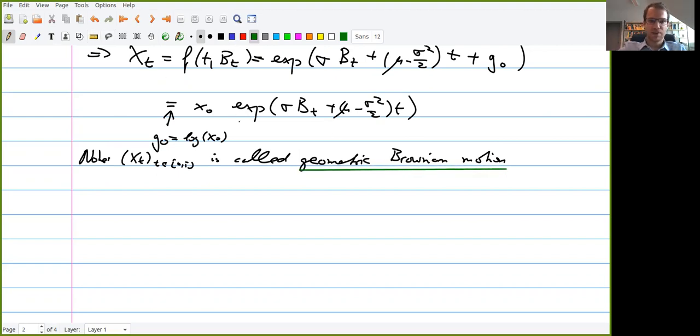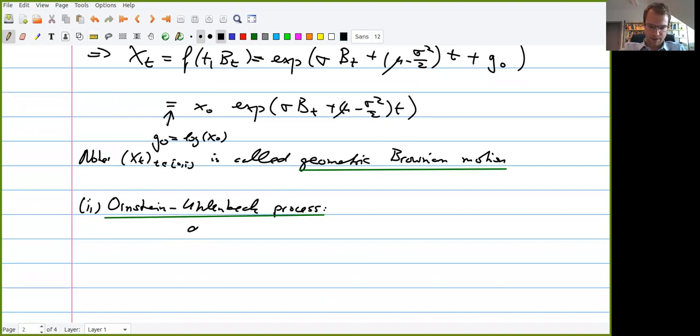Okay, so let me give you a second example, which you can then solve yourself on the problem sheets, which is the Ornstein-Uhlenbeck process. It is also a frequently appearing model, not in finance, but anyway.